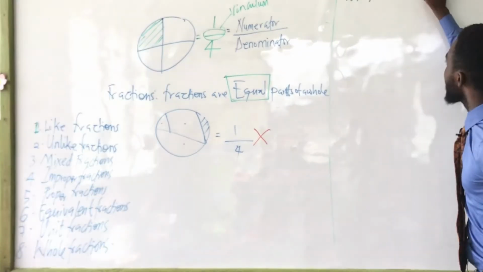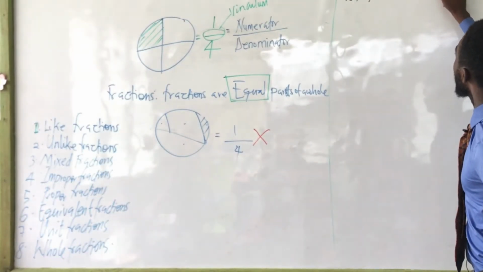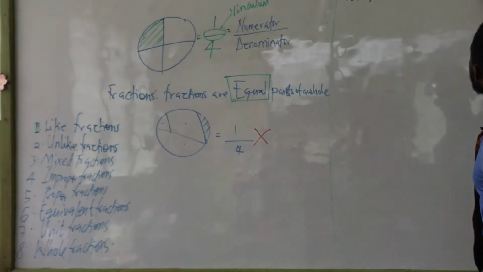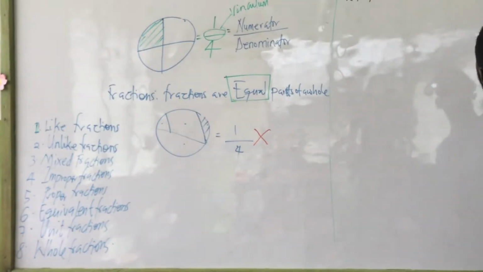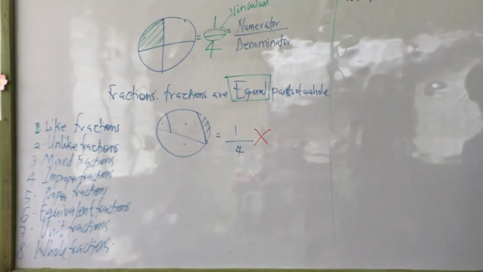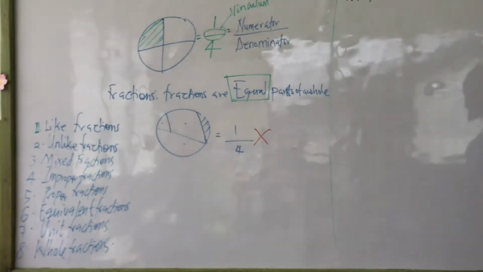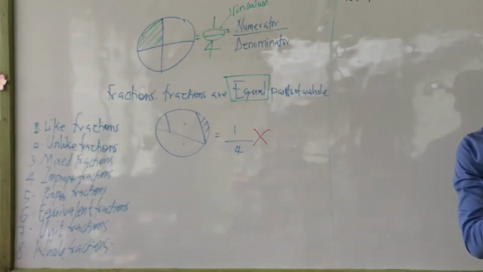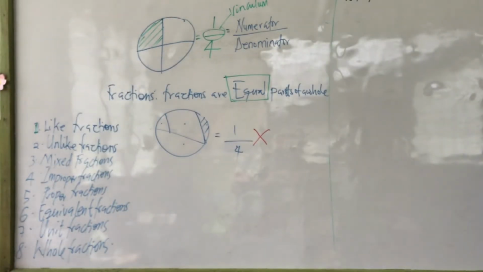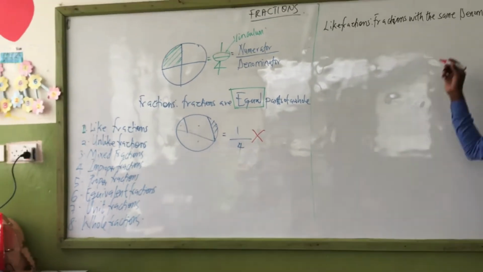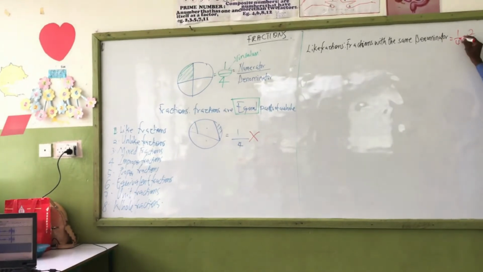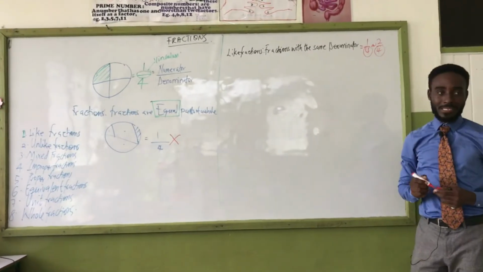Fractions with the same denominator. Two examples from me: 1 out of 4 and 2 out of 4. Since they have the same denominators, they are like fractions, right?